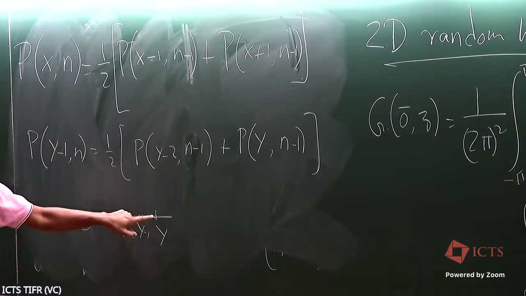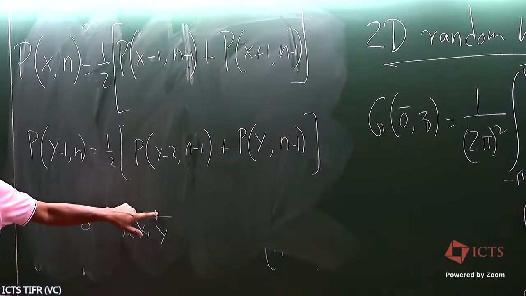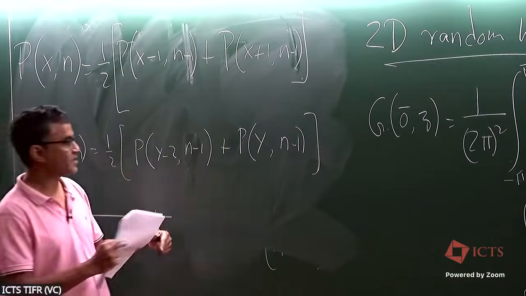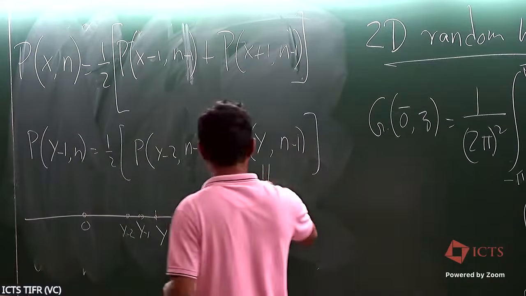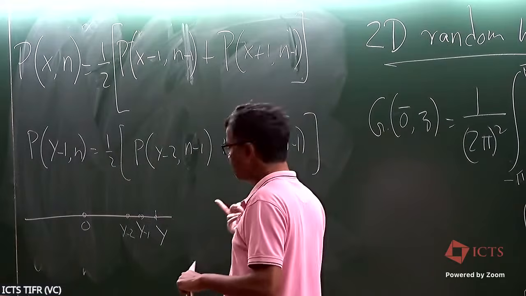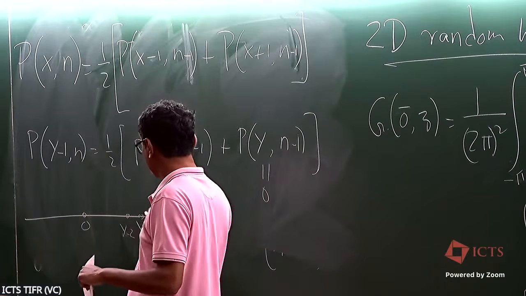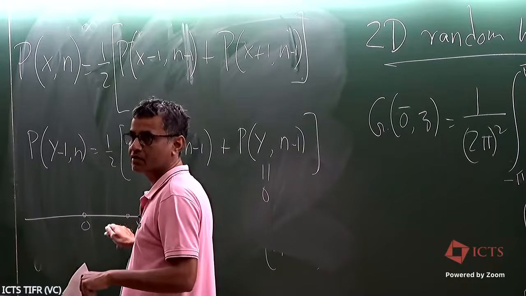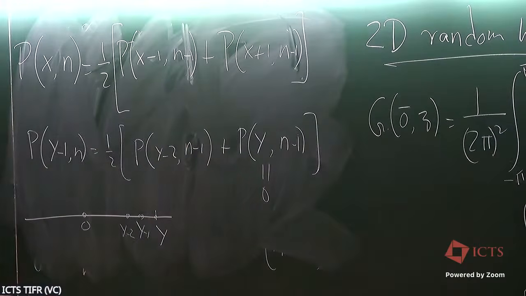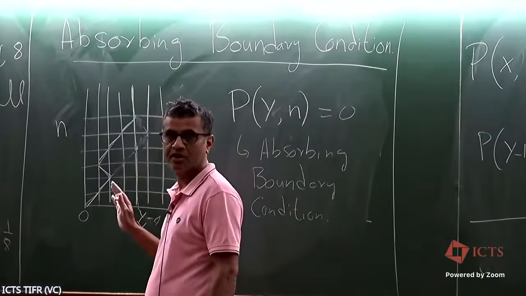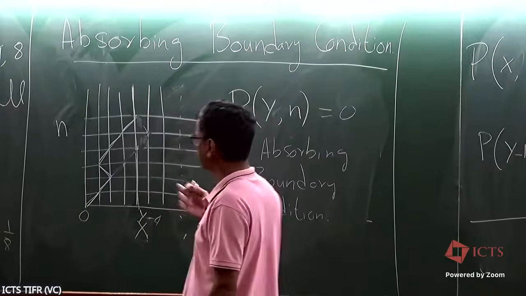But now I don't want anything to come from this side, so I should set this to 0 at all times. This will make sure that this is like a sink. Things can go here, but they can't come back from here. So this will automatically kill all the paths which go like that, and so it will count the right number of paths.